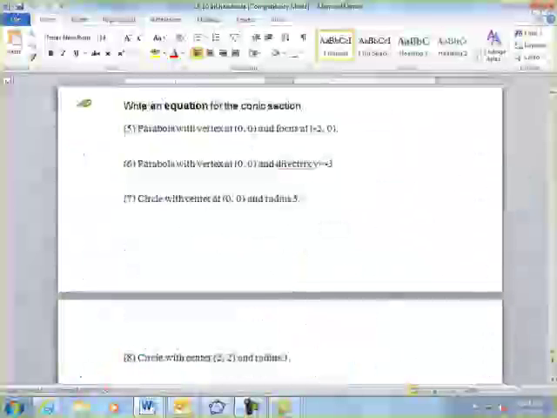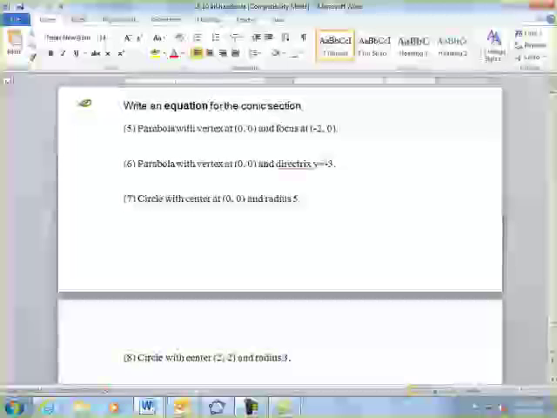Questions with writing an equation, you will have that chart that's at the top, so you can refer to that chart. I always like to plot what I'm given just so that I can see what's happening. It often helps me make the decision between the horizontal and the vertical form of the equation.